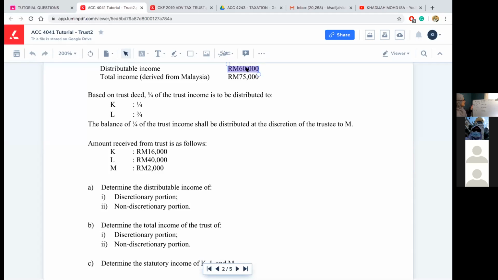I think you just compare that with your distributed income question. So what you do is from this 60,000, you divide 3/4 and 1/4, and then you get the distributed income.